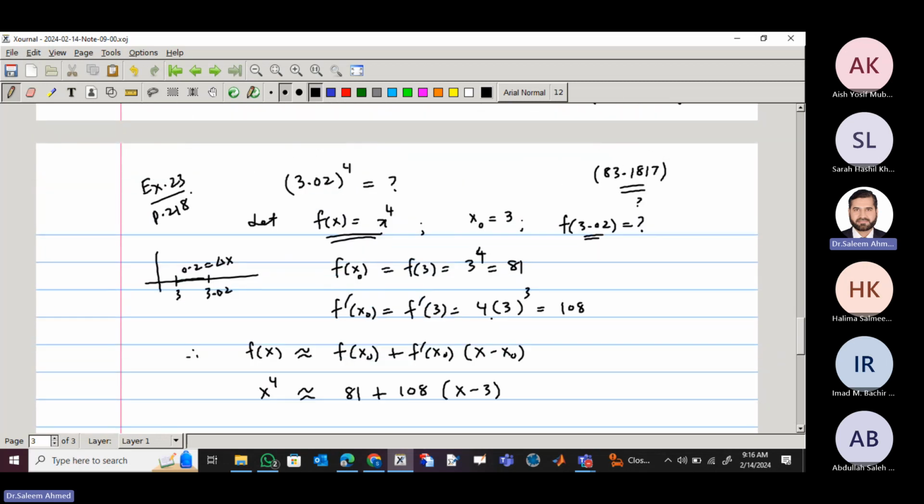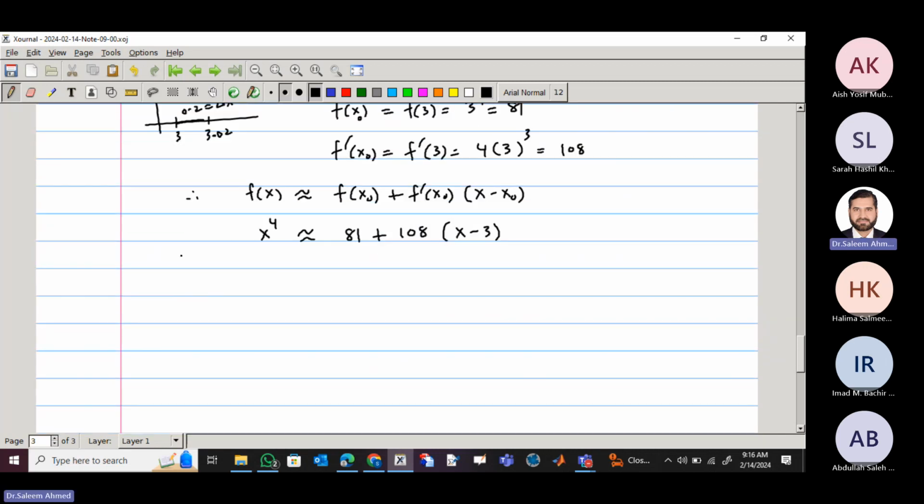Now, what was the question? The question was 3.02 to the power 4. So I will calculate this at x equal to 3.02. This gives 3.02 to the power 4 approximately equal to 81 plus 108 times 3.02 minus 3.